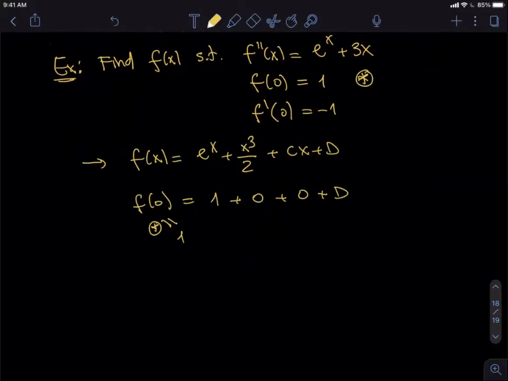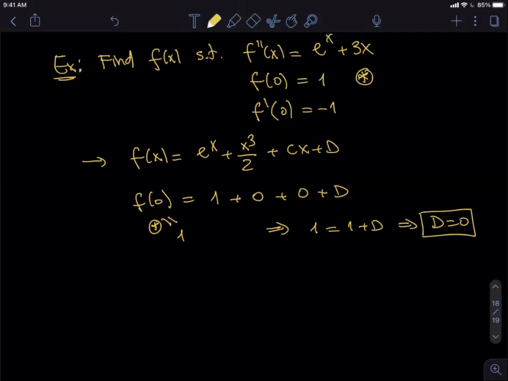So that means 1 = 1 + d, so d must be 0. So you see that in an initial value problem, because you are given a value at an initial point x, that already prescribes one of the constants, but actually the other one too.